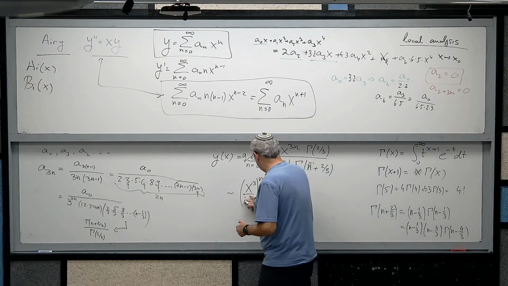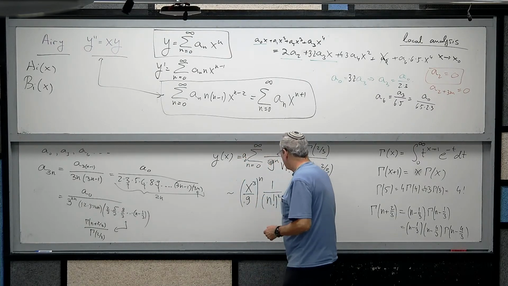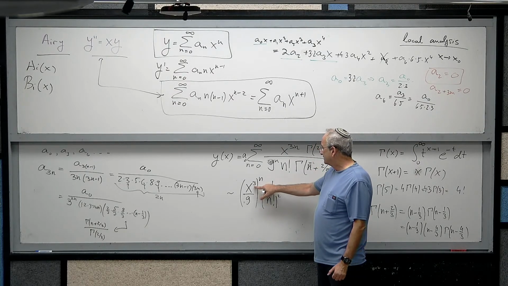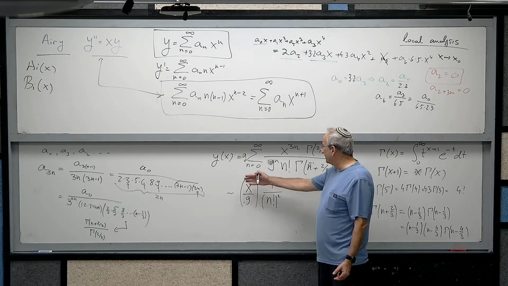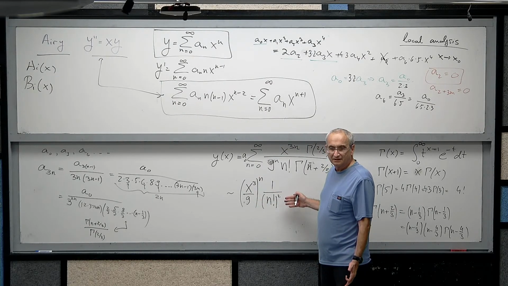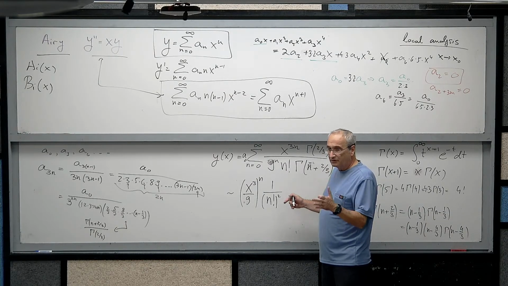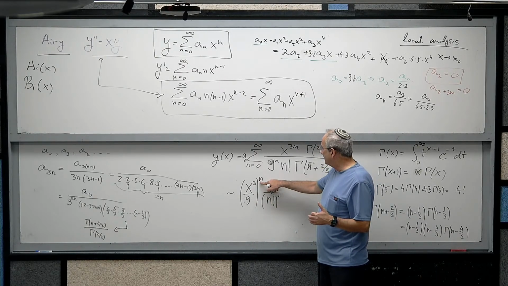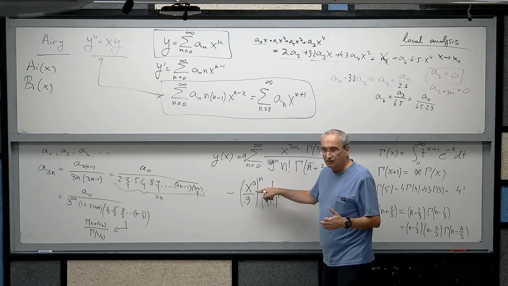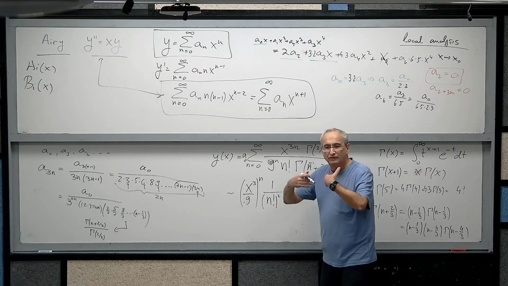Now, let's take the 9. Clearly, if x cubed is smaller than 9, then everything gets smaller and smaller as n increases. I have something smaller than 1, and as n increases this term becomes exponentially small, and we also have another suppressing factor here, so it will go to 0.